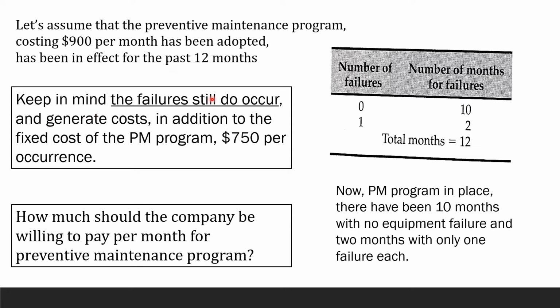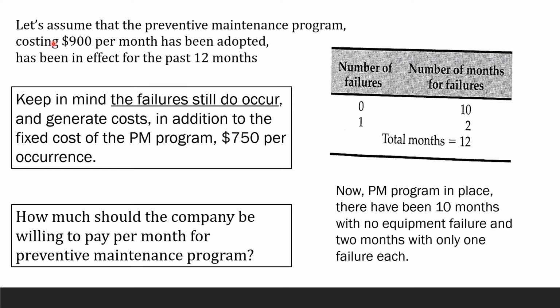So keep in mind the failures still do occur and can happen and generate costs. In addition to the fixed cost of the PM, if you have a failure, you're going to spend $750 for that failure.